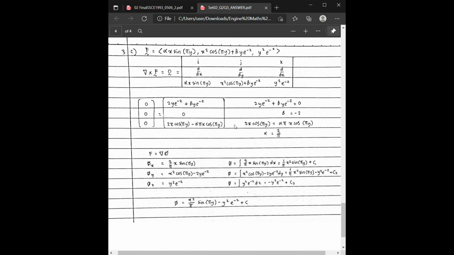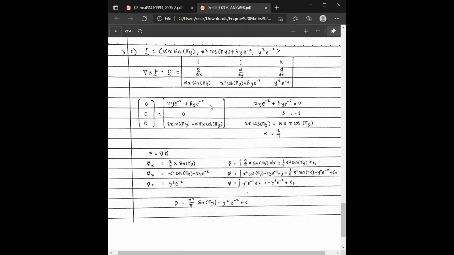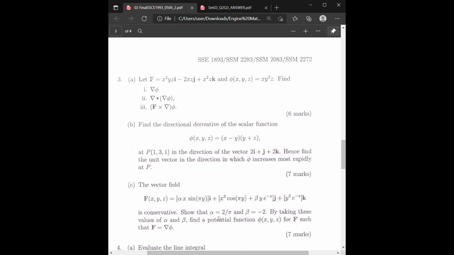The first step is we list our information, then we find the cross product, curl of F. With the cross product, to show beta and alpha, we take this equation and equate it to 0. So we get beta is equal to negative 2 and alpha is equal to 2 over pi.